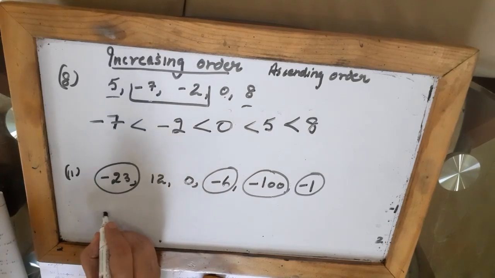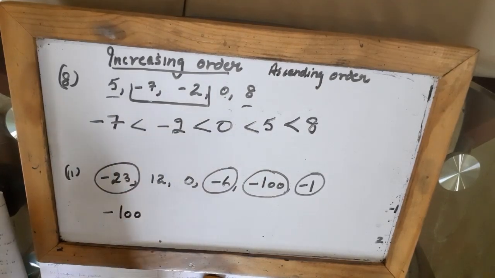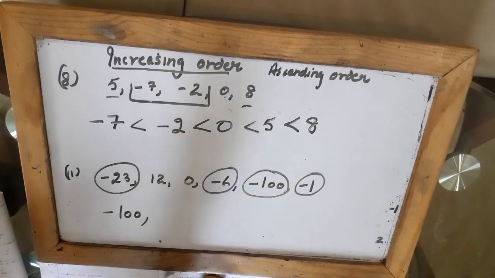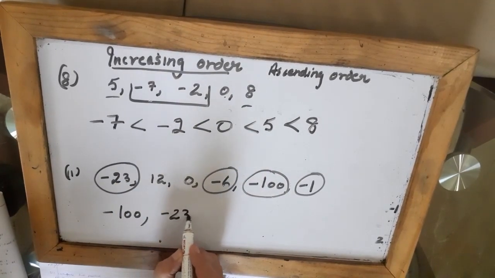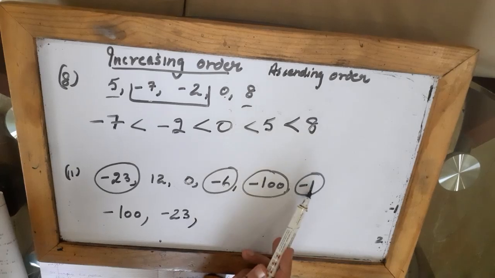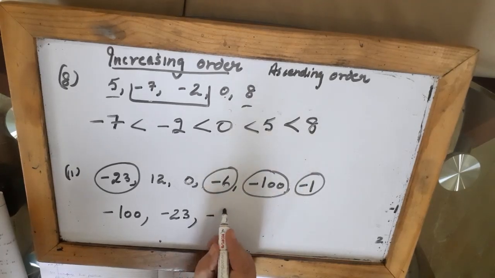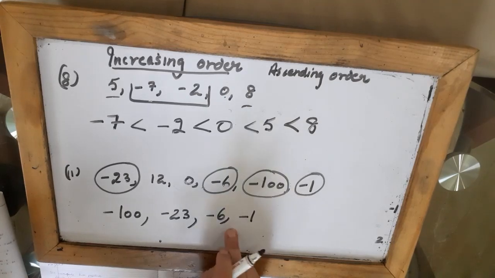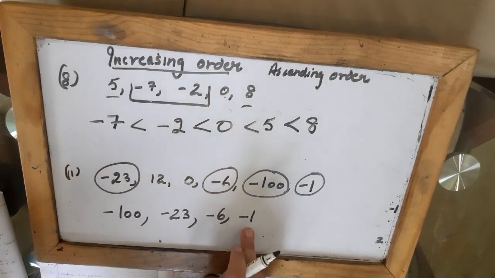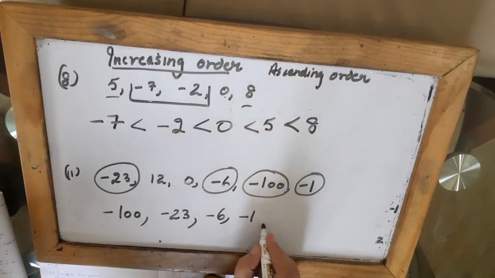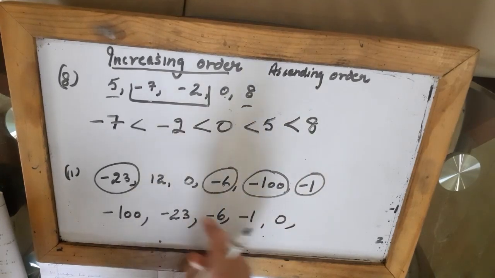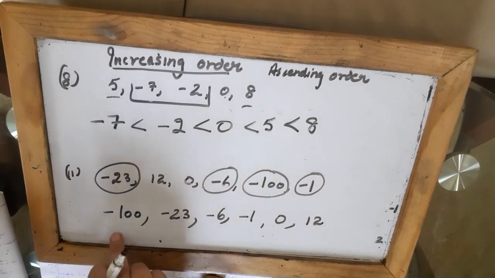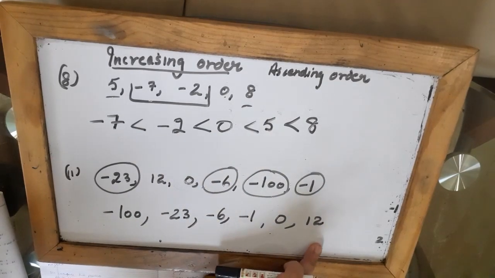So minus 100 is the smallest integer. Then after that, minus 23 is smaller. Then after that, minus 6. Then minus 1. So minus 1 is bigger than all these negative integers. And then come 0, and then 12 is the highest number, being a positive number. So this is how you put them in the increasing order.